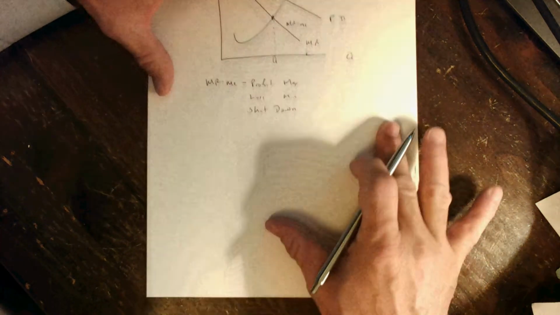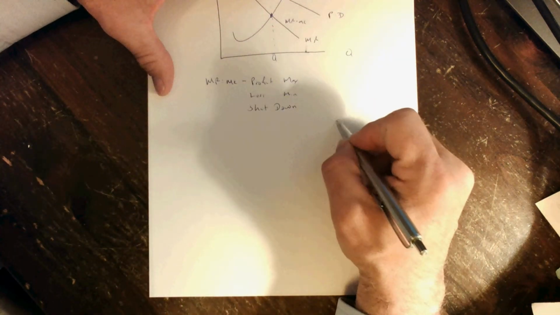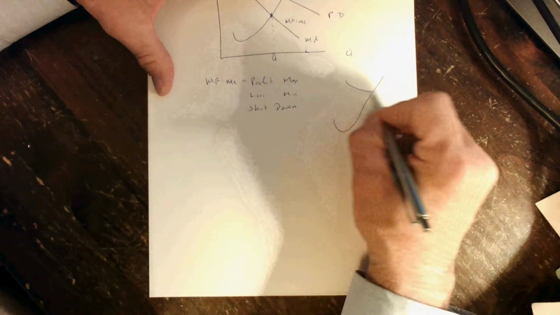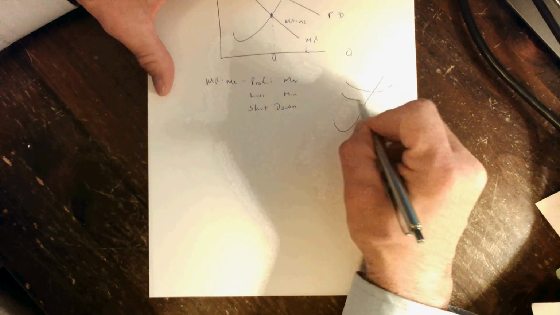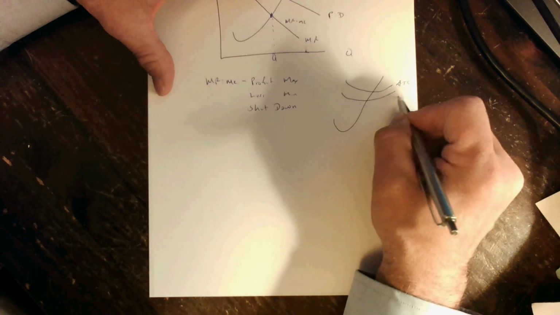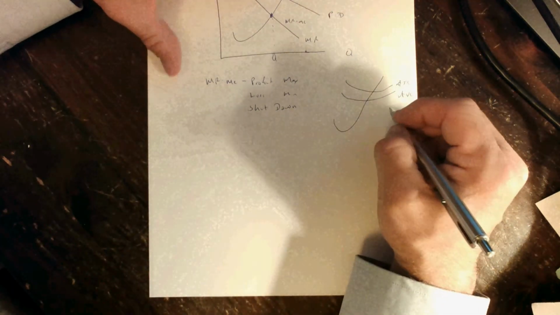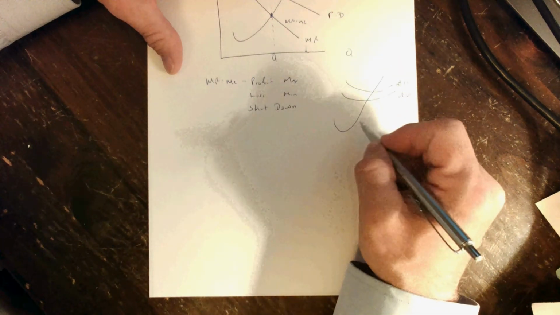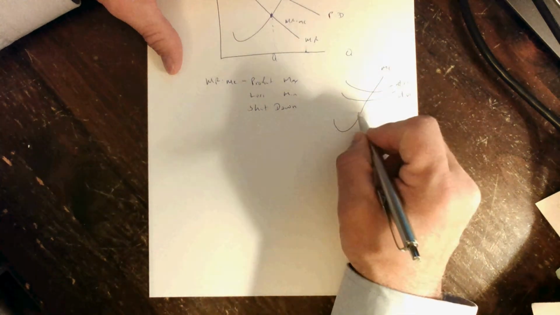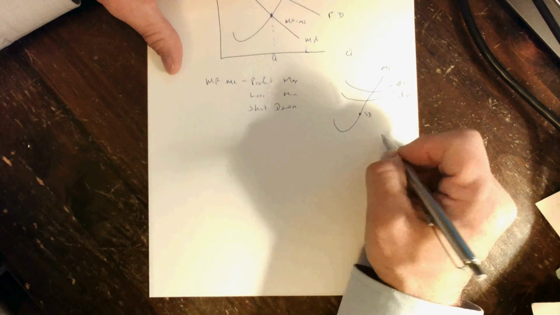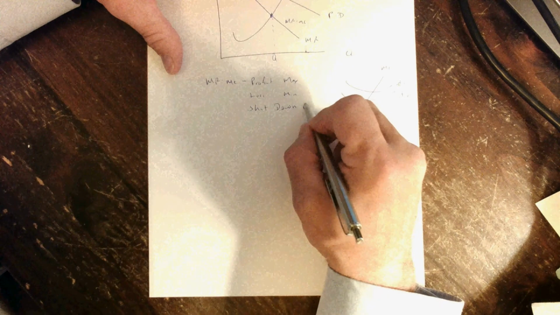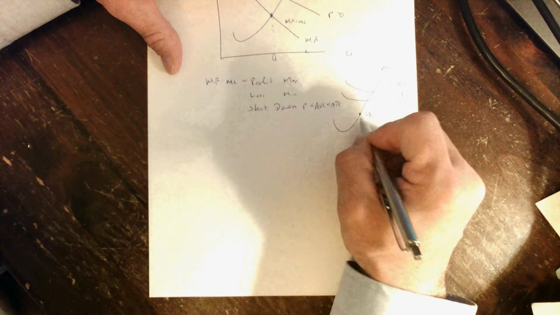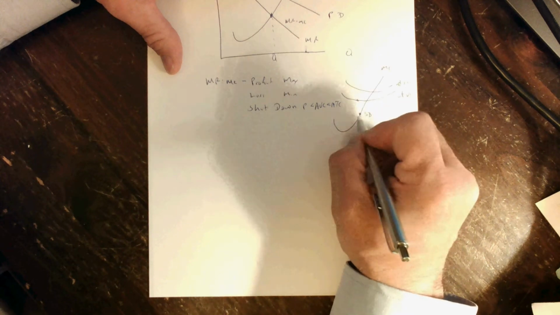Then it's just a matter of seeing where the price is in relation to average total cost and average variable cost. If the marginal cost curve intersects down here, this is shutdown, because price is less than average variable cost and average total cost at that quantity.